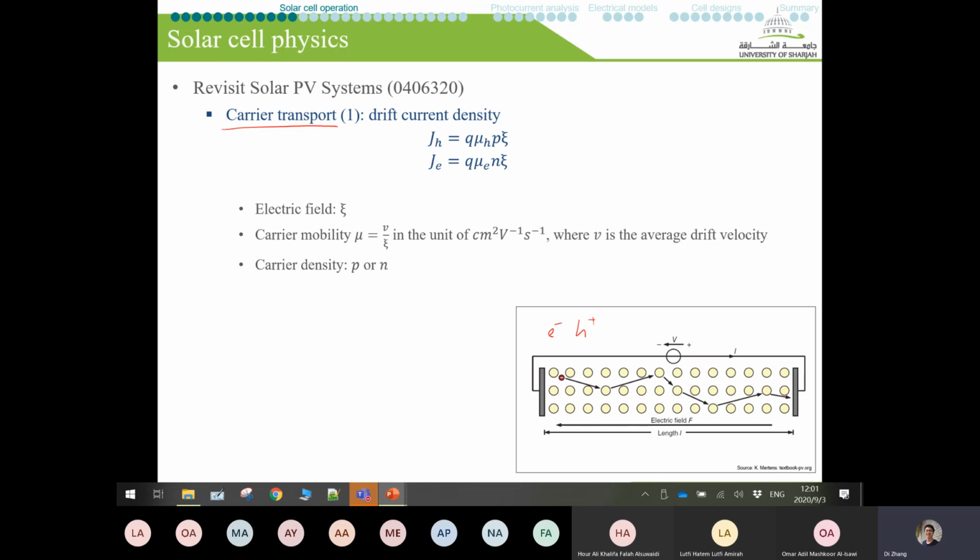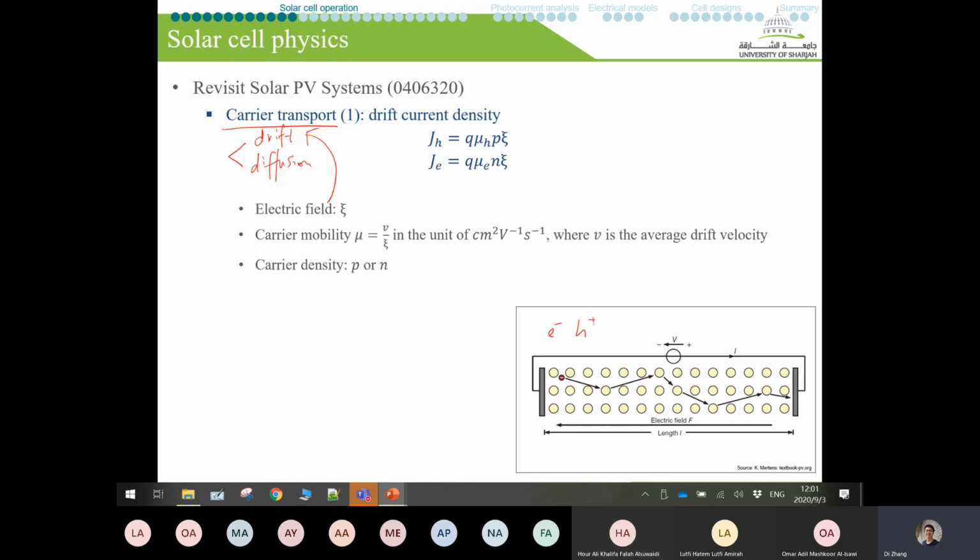We mentioned that there are two possible mechanisms for the carriers to move. One is the drift process, and the other is the diffusion process. What is the reason for drift? What is the reason for diffusion? Drift comes from the electric field.